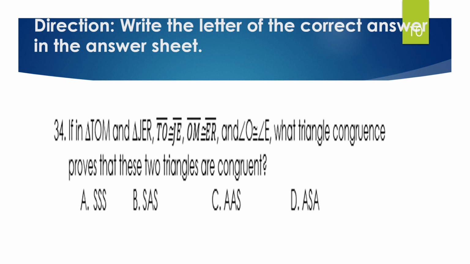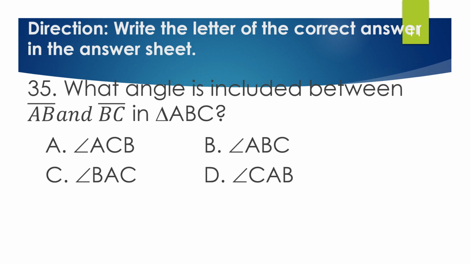If triangle TOM and triangle JAR are given, what triangle congruence proves that these two triangles are congruent? That is side-angle-side. Okay, next: what angle is included between segment AB and segment BC in triangle ABC? Okay, included.